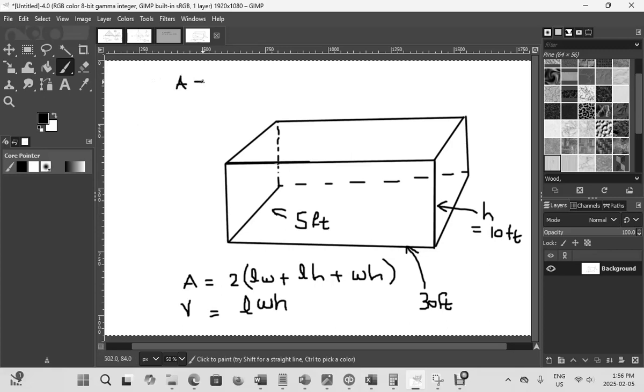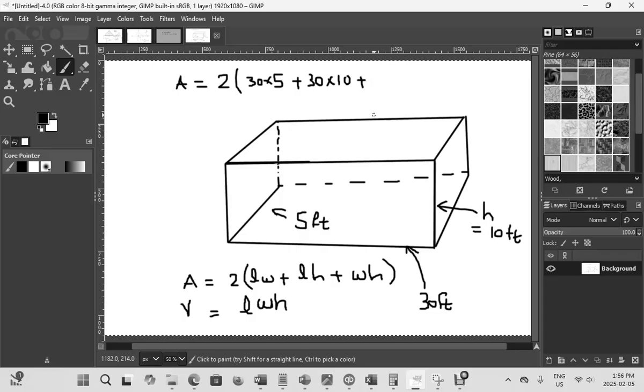So we know that area equals 2 into length times height. Our length is 30 feet, so 30 into width rather, your width is 5 feet, plus you have your length times height, so your length is 30 feet times your height is 10 feet, plus width times height.